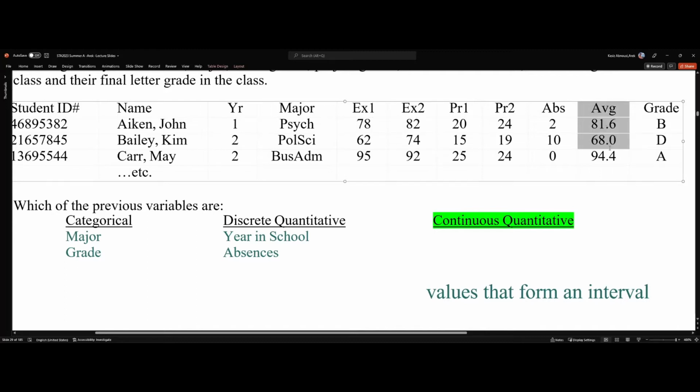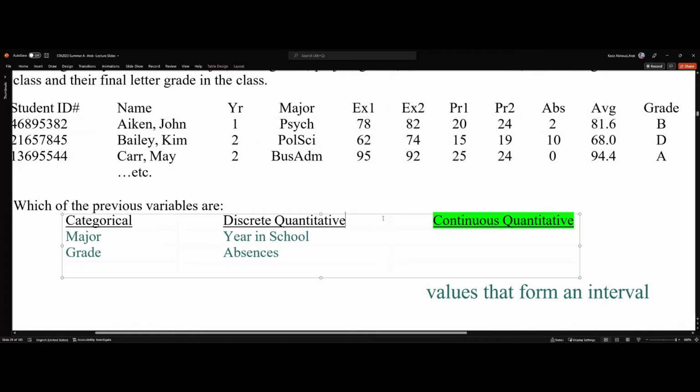Also in the exam, someone can receive 78.2, it's just that this student didn't. That's why all of these will be continuous, because their average can be in points. Also the average is continuous, right? It's clear because it's a point in an interval.